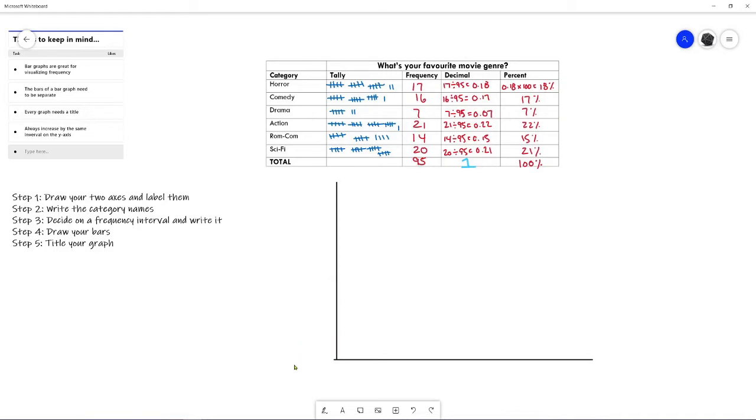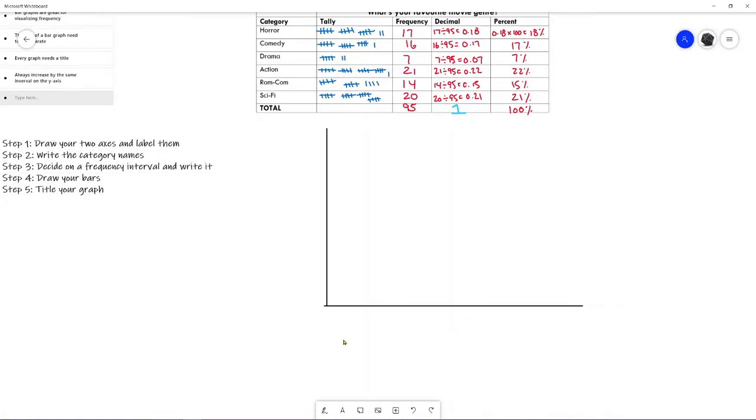The next thing I need to do is actually label them. So I need to know what each of these are. So I'm going to be writing my categories on the horizontal. So what that means in this case is my movie genres are going to be on the horizontal, or what we call the x-axis.